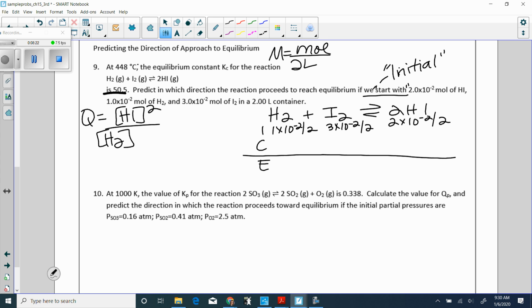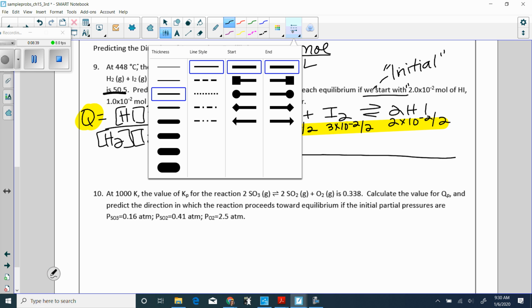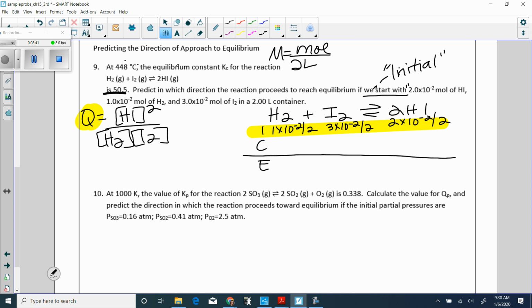Our coefficients become exponents. But for Q, I'm going to plug in those initial concentrations. So now I'm actually going to button push and divide by 2 and get the right numbers in there.